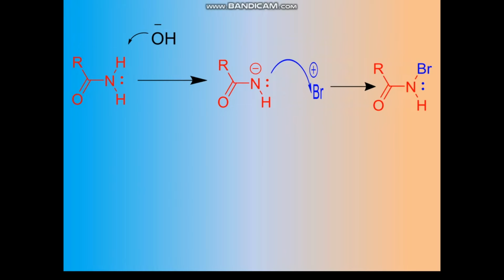Now, followed by an electrophilic attack, we end up with the first intermediate, that is haloamide. In this case, the halo represents the bromine, and therefore the formation of the intermediate explains how the amide would have been affected by the base and how it proceeds the reaction.